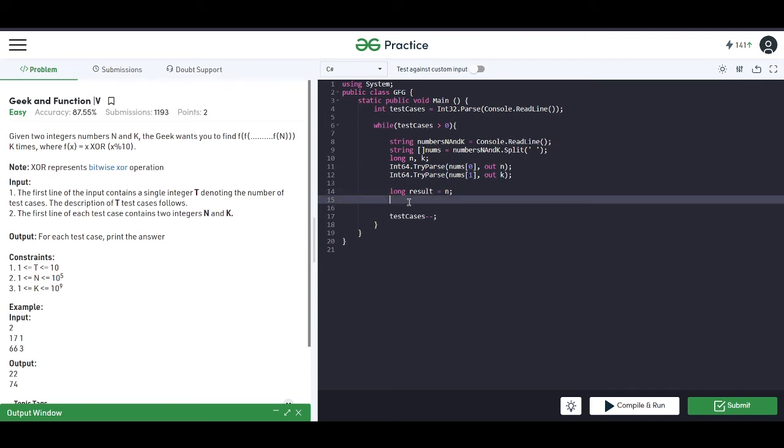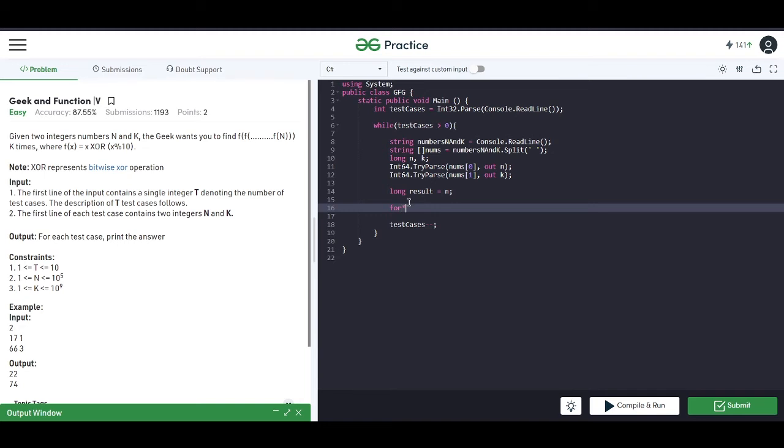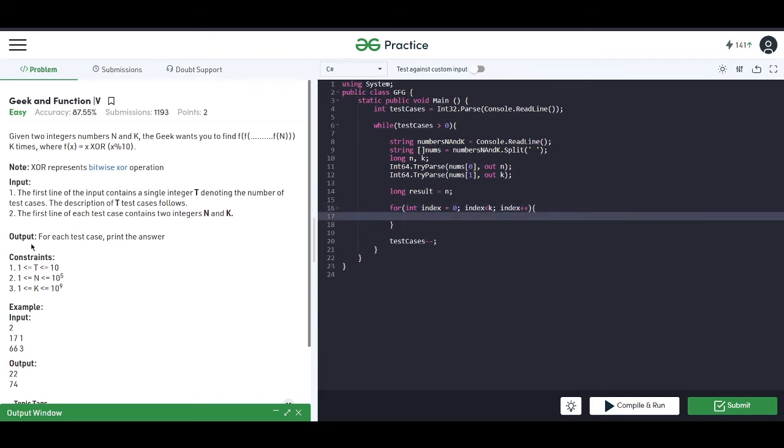Then we'll keep iterating from 0 to k, as we need to find this result k times.